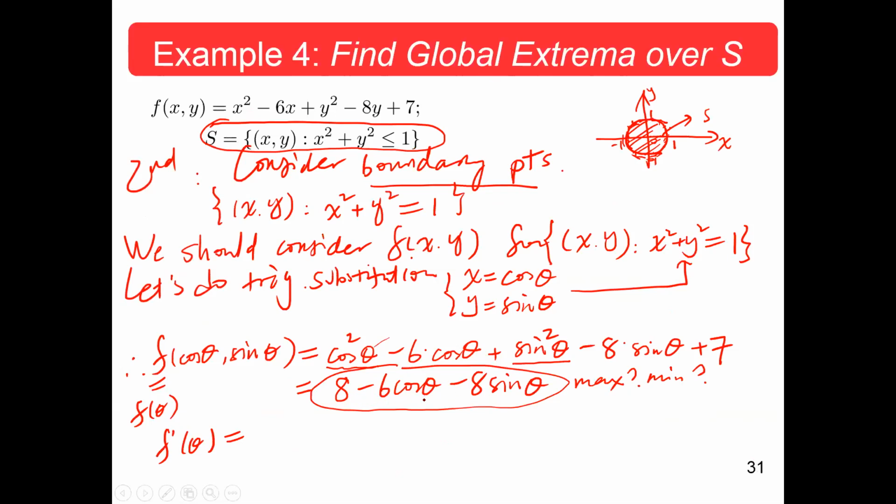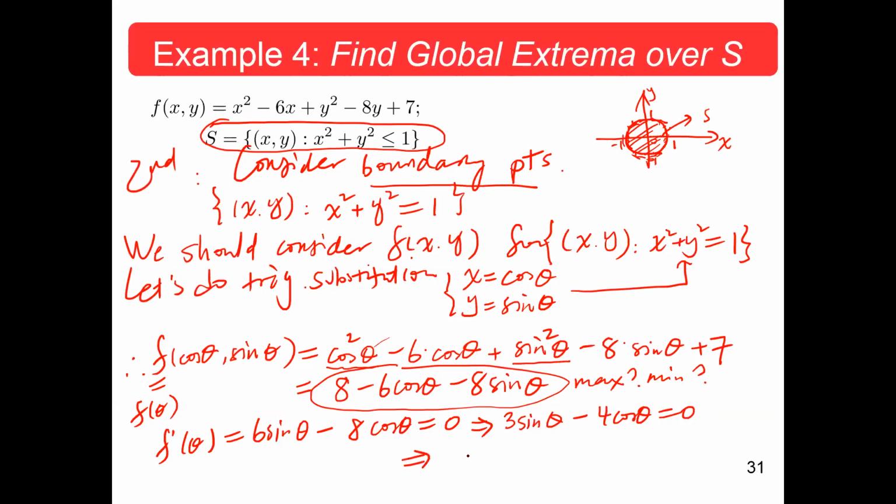You are looking for an extreme value, so take the derivative with respect to theta. We have 6 sine theta minus 8 cosine theta equals 0. Dividing by 2, that gives 3 sine theta minus 4 cosine theta equals 0.